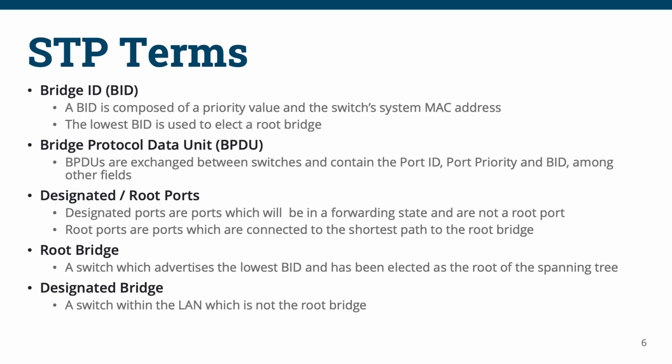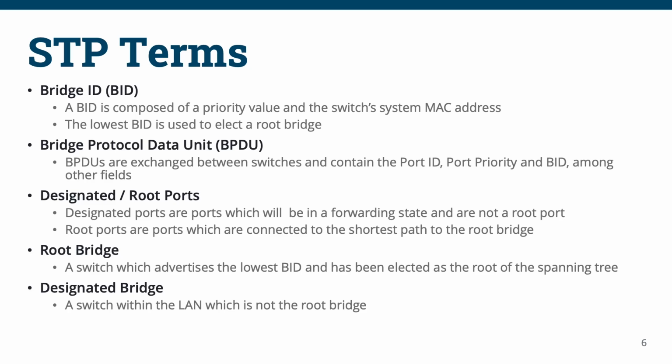Since the priority value is the most significant digits of the BID, the administrator can configure the definitive root bridge by manually configuring the bridge priority of the bridge which should be elected as the root. Since the BID is also made of the MAC address of the bridge, if identical bridge priorities exist on the network, then the switch with the lowest MAC address will win the root bridge election.